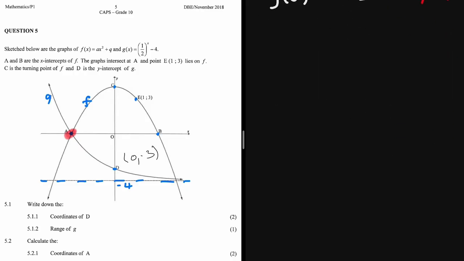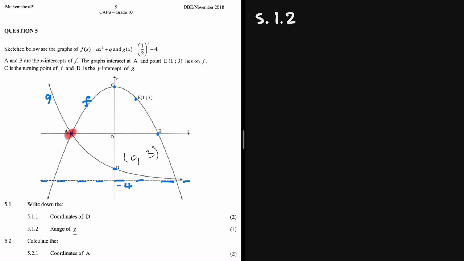So the question continues to say now, also find the range of the graph of G. Remember, when you talk about the range, we talk about the y values of the graph. The graph of G is the exponential function here, and it is above our asymptote.